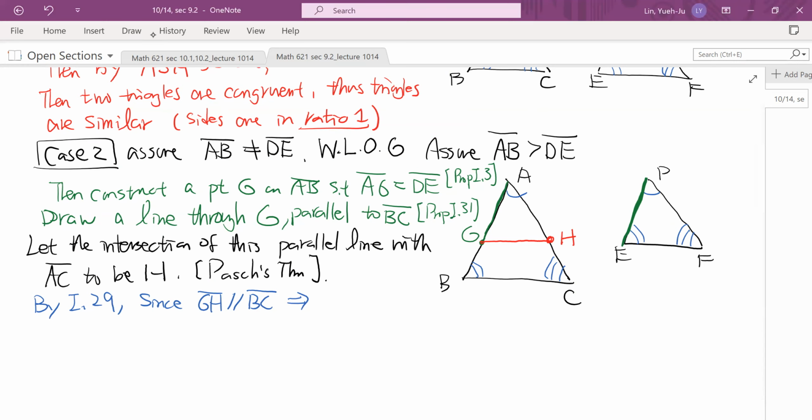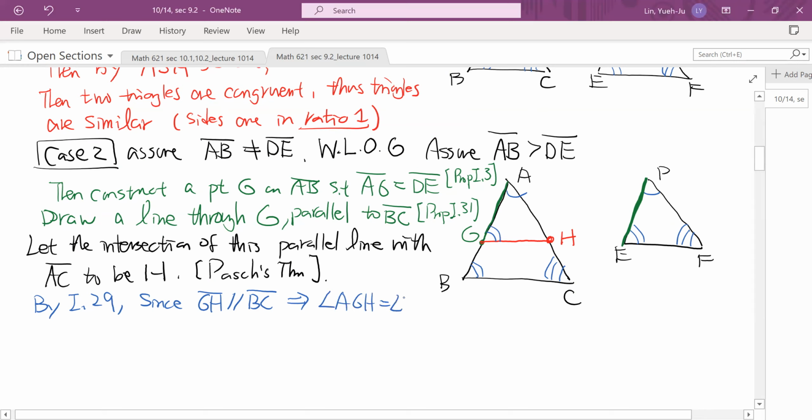These two angles, AGH is equal to ABC. And we already know ABC is equal to DEF. This is by our assumption that the three angles are equal. So this essentially tells you AGH is equal to DEF.